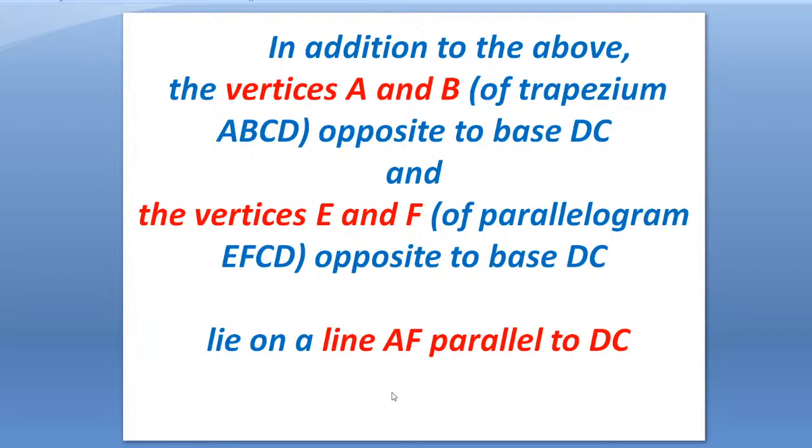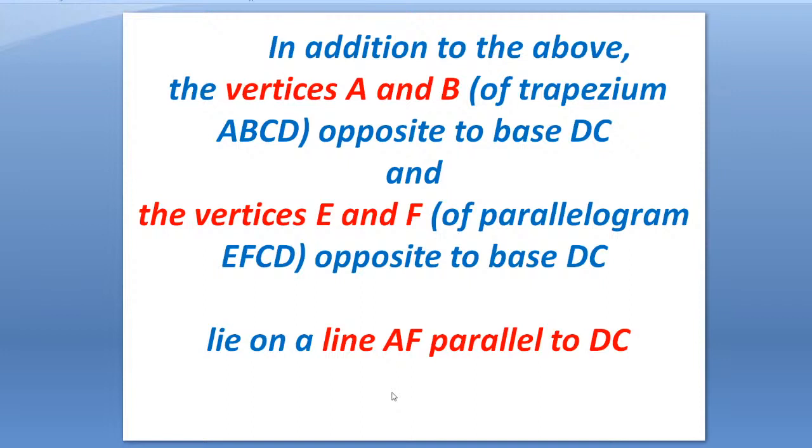In addition to the above, the vertices A and B of trapezium ABCD opposite to the base CD or DC, and vertices E, F of parallelogram opposite to base DC.